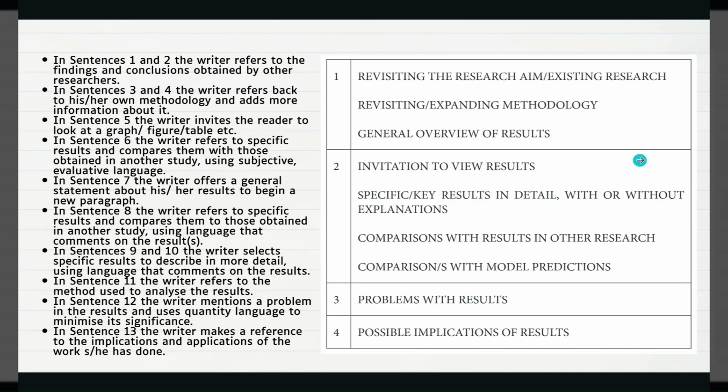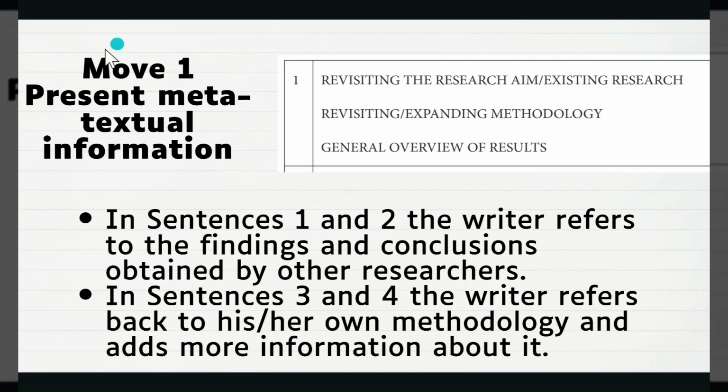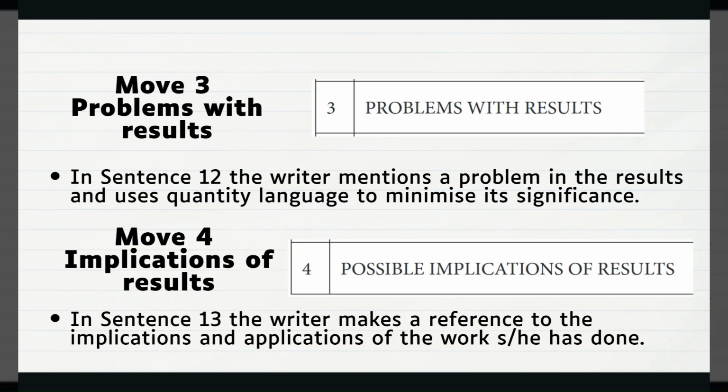So please take note that when you write a certain topic or a certain theme under chapter 4, take note of the moves. Okay? Present metatextual information first, present the results, and mention problems with your results, but end with implications of your results.